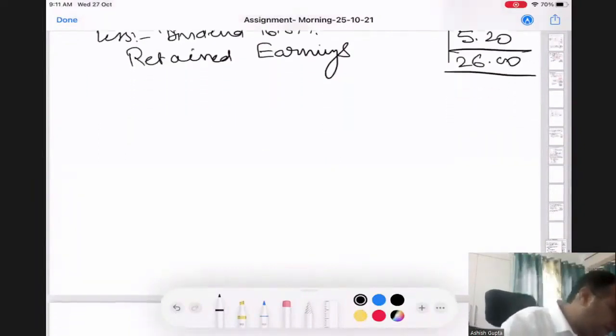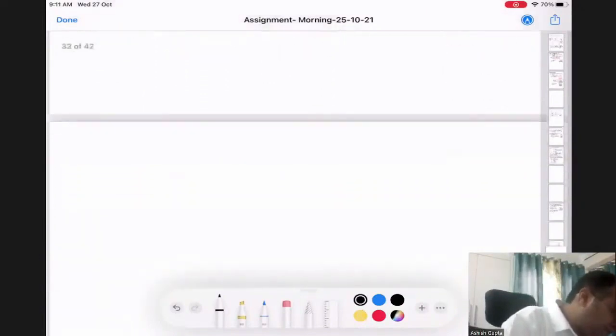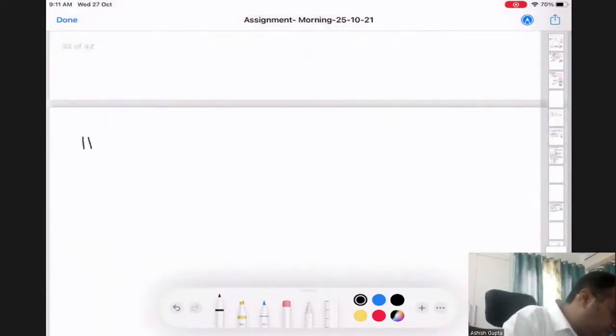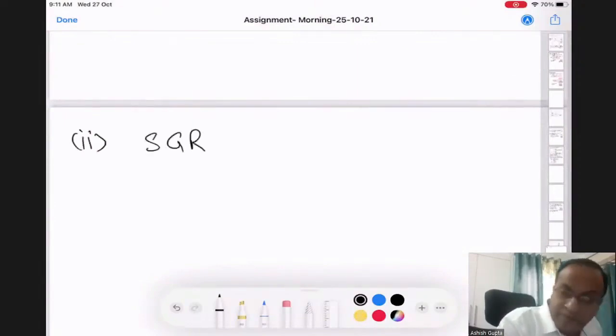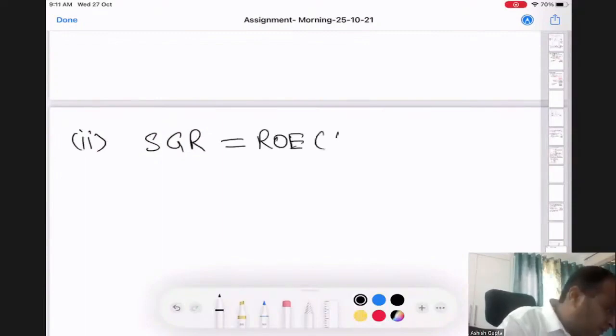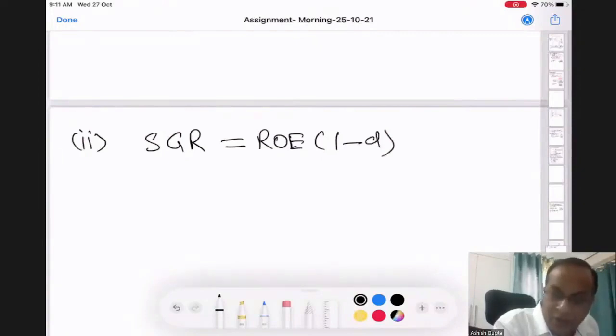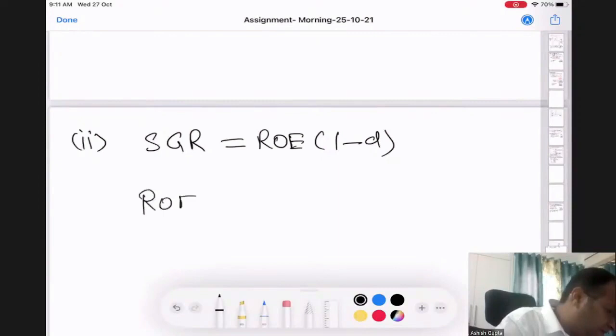Okay, now we compute the sustainable growth rate. It is ROE into 1 minus D. Okay, beta. Now how do we compute the ROE?